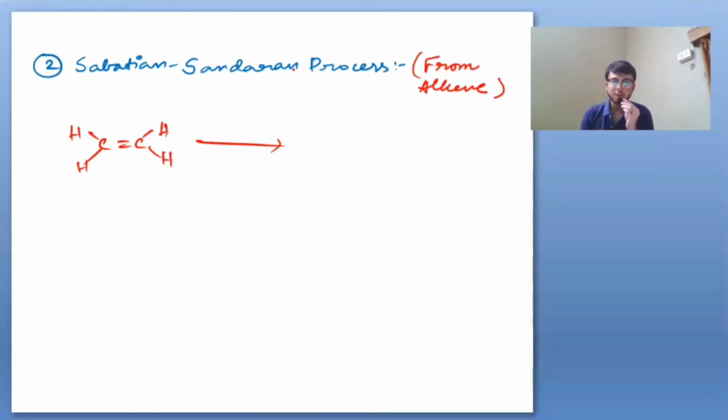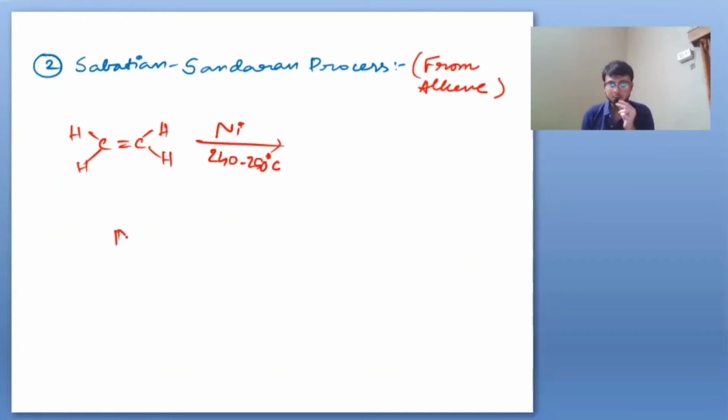The second is our Sabatier-Senderens process. It is from alkene. So as you can see, if we want to derive an alkane from its respective alkene, we have to do this Sabatier-Senderens process. For this, we take a nickel catalyst and heat it to 240 to 250 degrees Celsius.